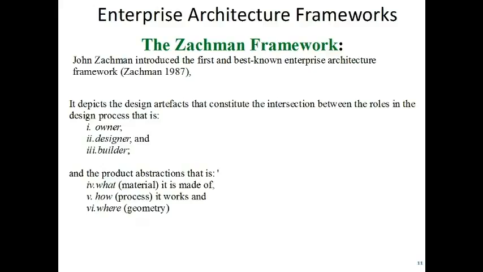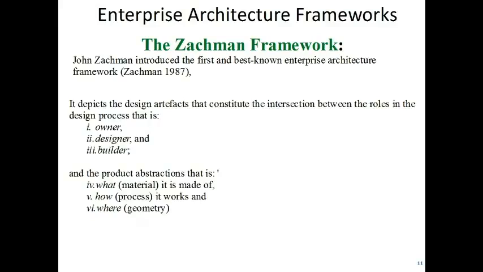It depicts the design artifacts that constitute the intersection between the roles in the design process. So it is all about the roles of the design process. For example, the owner, the designer, the builder, these are the stakeholders. And the products, abstractions that are what, how, and where.